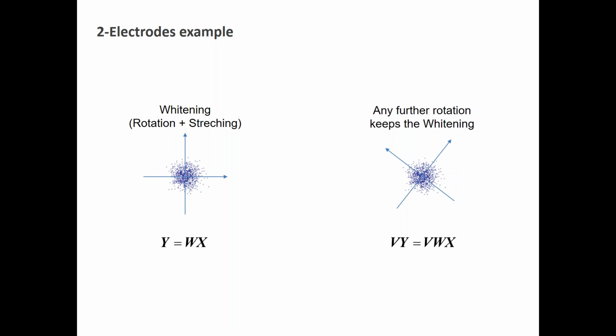What this means is that once you have done a whitening, you can apply any further rotation and you will not destroy the whitening. This further rotation is actually the second part of the methods. So the first part is the matrix W, and the second part is the matrix V. Then our advanced method will be given by multiplying the data by the product of two matrices, of which one is a whitening matrix, and the other one is a further rotation. And this is going to get us to some results.